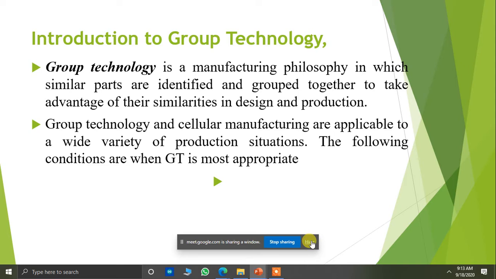It's a kind of manufacturing philosophy in which similar parts are identified and grouped together to take advantage of similarities in design and production.